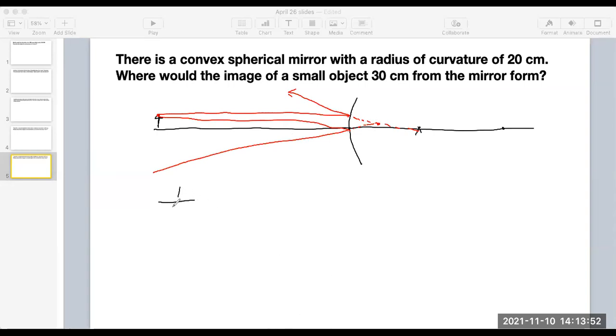We have 1 over object distance plus 1 over image distance. It's 1 over our focal distance. So we now have a negative 20 radius of curvature, so a negative 10 centimeter focal length. So subtract 1 over 30 centimeters from each side.